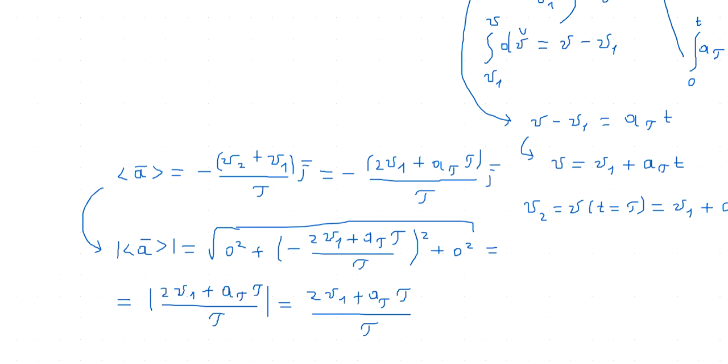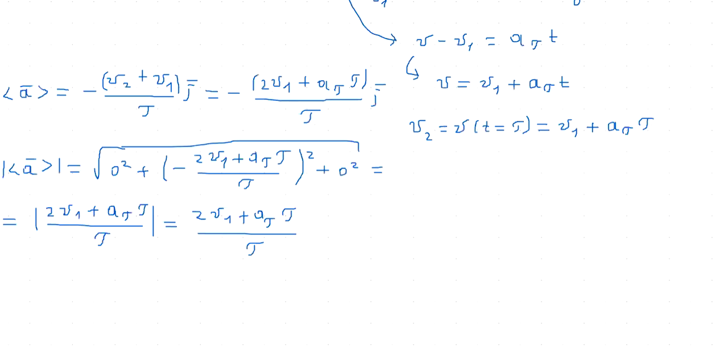Okay, but it is still not answered, because we know that tangential acceleration is constant, and we don't know anything about V1. So what to do in this situation? In this situation, we can remember that V is equal to V1 plus a tau t.